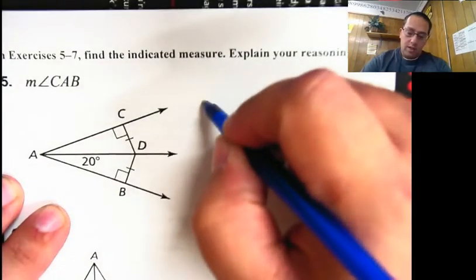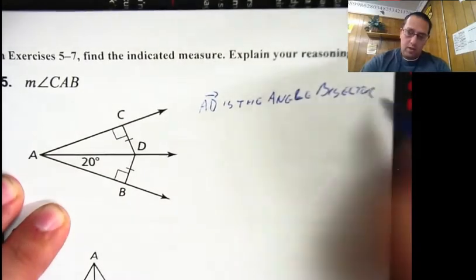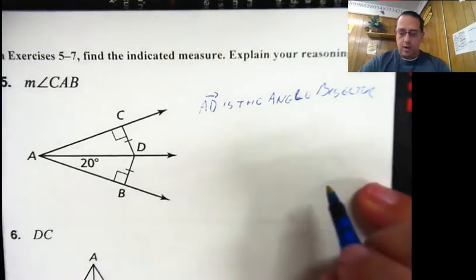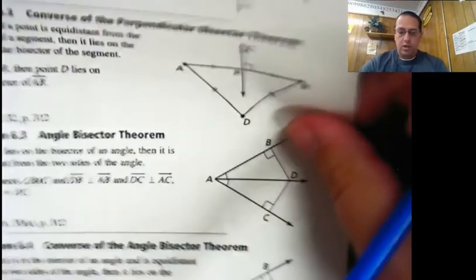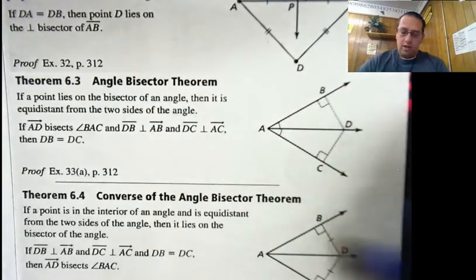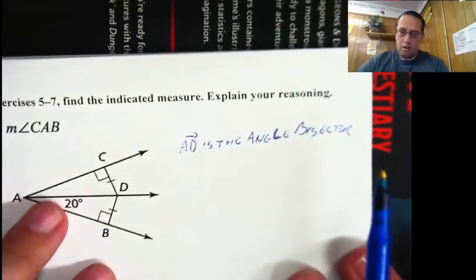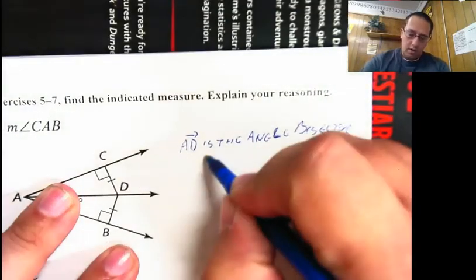So that means ray AD is the angle bisector. We know that because of which one of these theorems? The angle bisector theorem says, if it's equidistant from the sides, then it's on the angle bisector. That is the converse. So we know this because of the converse.